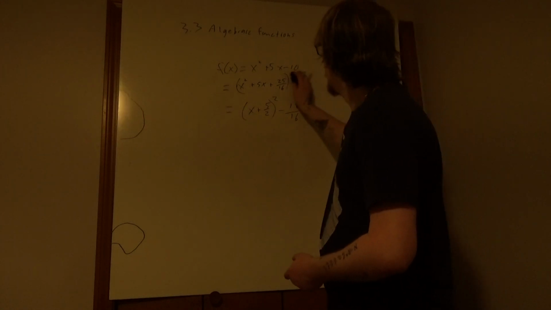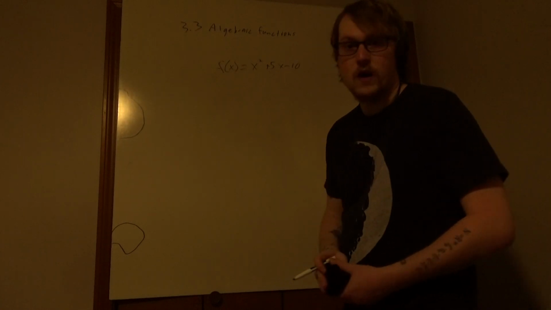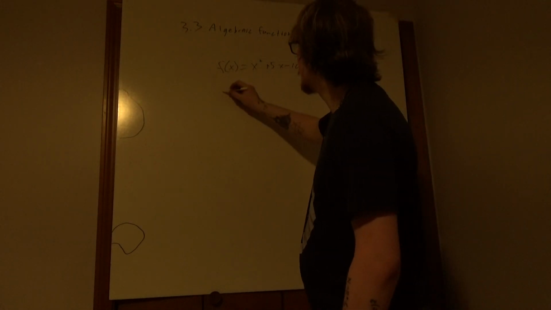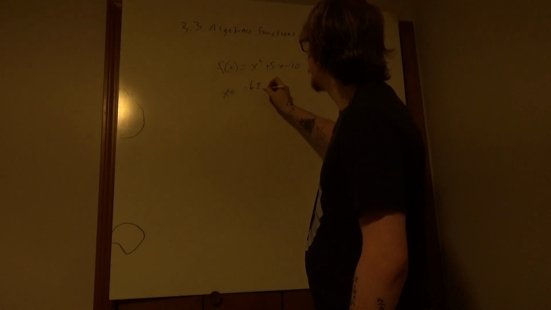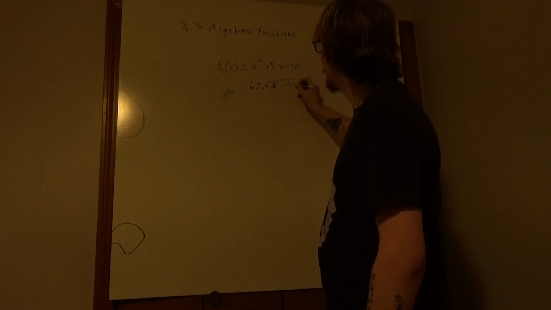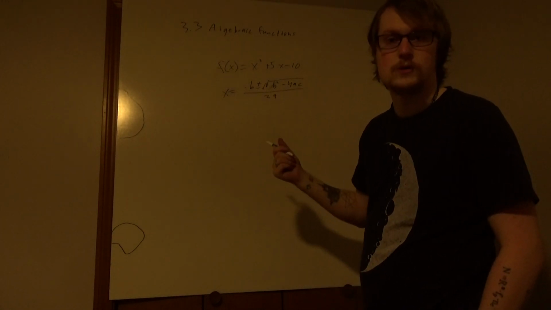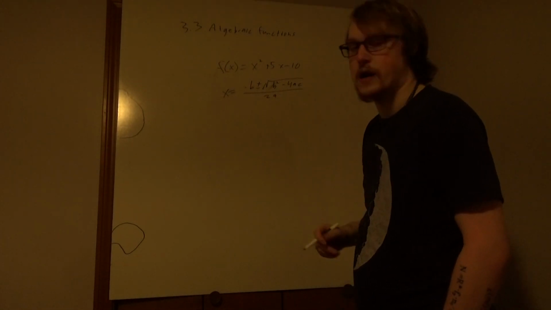So, quadratic equation, if you're like me and you found it easier to just memorize, is x equals negative b plus or minus the square root of b squared minus 4ac all over 2a. And my a's always look like 9s, but that's an a, not a 9.